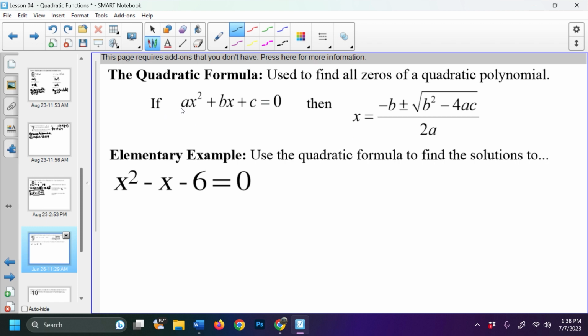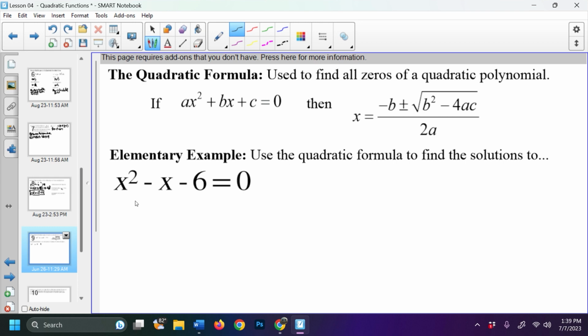If you have a standard form quadratic equation, then you can take the A, the B, and the C and plug them in these respective spots in the quadratic formula and get those zeros. So if we want to find the zeros for this thing, I can tell you right up front that I could factor this, so I'm doing an elementary example to show that the quadratic formula does work.